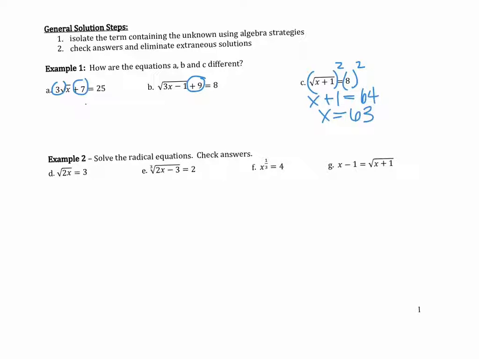And if you check your answer, you would say the square root of 63 plus 1 equals 8. The square root of 64 equals 8. And you know that's true. It checks out, and your answer is 63. So for A and B, we're going to do those kinds of examples in the next lesson.